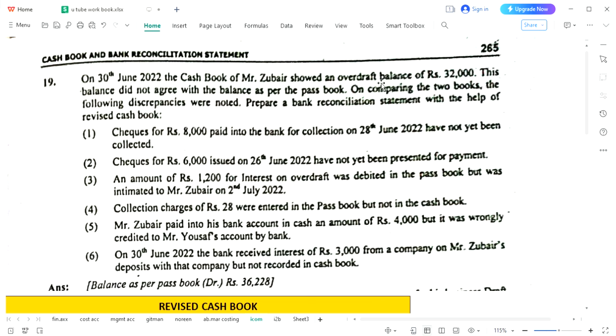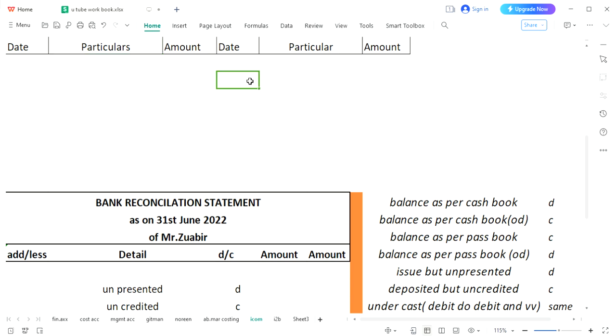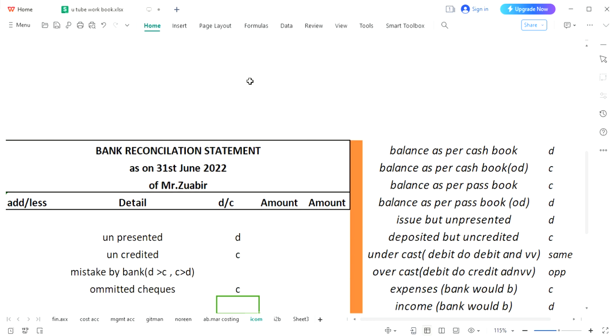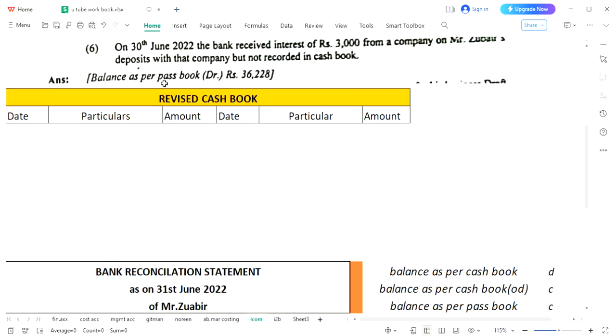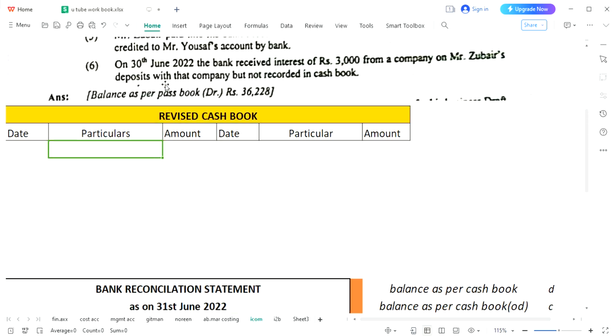So now first time we will start this question from the cash book. As you know that we have decided only these four entries will be present in bank reconciliation statement. Remaining all entries would come over here. Since it is overdraft balance, you will write over here credit side overdraft balance.